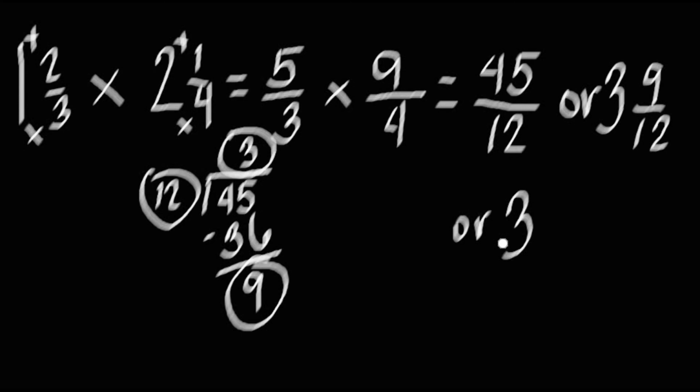Yes, it's 3. 9 divided by 3 is 3. 12 divided by 3 equals 4. So our final answer to 1 and 2/3 times 2 and 1/4 is 3 and 3/4.